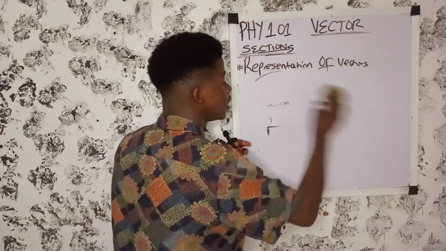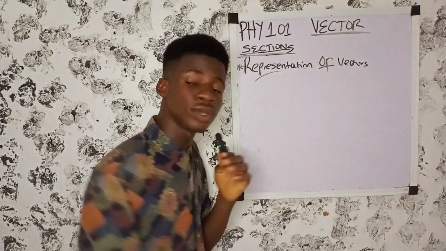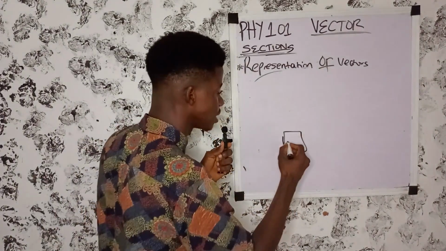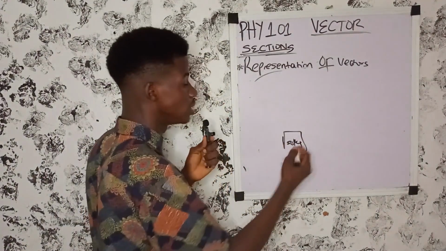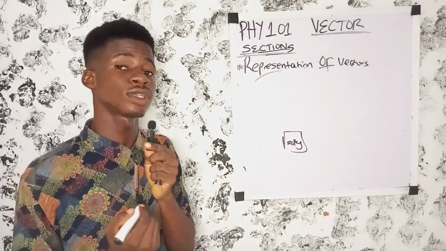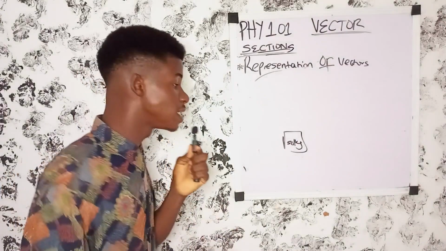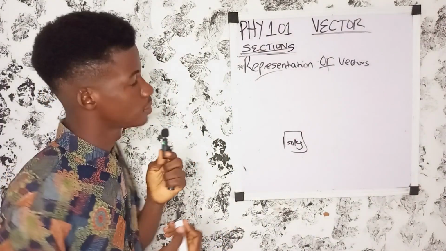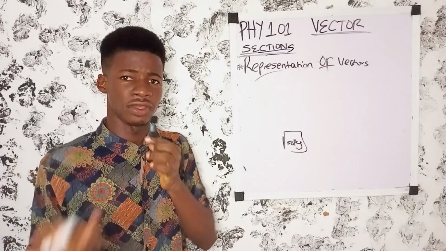What if they say a force of 30 Newton is used to lift a load, inclined at an angle of 90 degrees? What will be the direction of that vector?